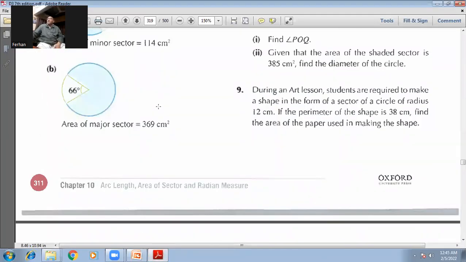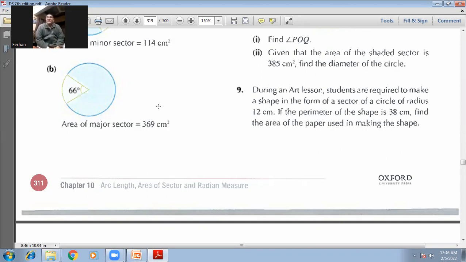Okay, so we are going to the next question from the exercise 10B. D3 is the book. Area of the sector and arc of the sector. During an art lesson, students are required to make a shape in the form of a sector of a circle of radius 12 centimeter. So the radius of that sector is 12 centimeter. If the perimeter of the shape is 38 centimeter, it's in the form of a sector, so its perimeter is 38 centimeter.